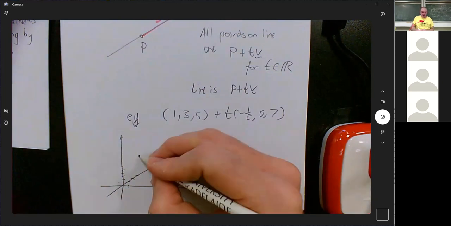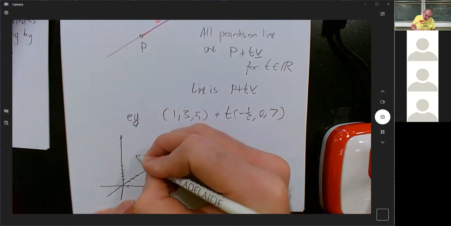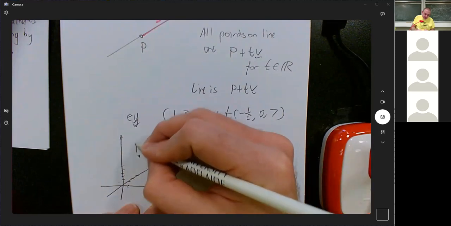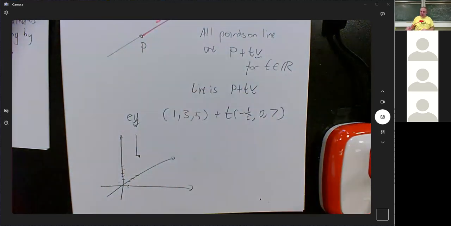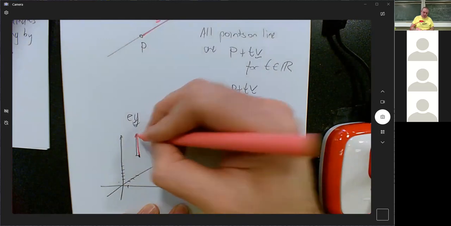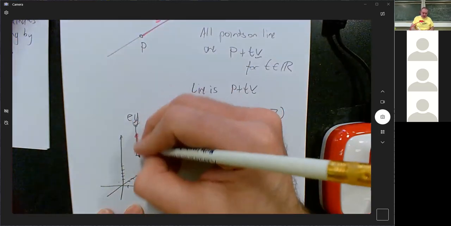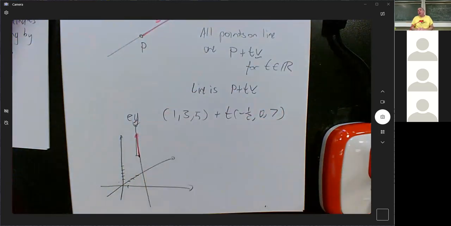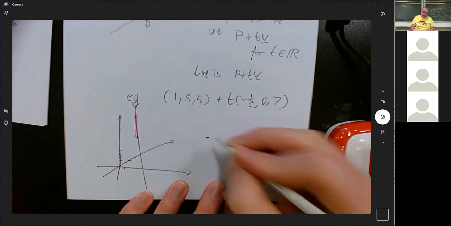And then it goes in the direction of -1/2 in the x direction, and none in the y direction, and 7 in the z direction. That's the journey there from that point, and then it is this line. You don't have to draw a picture like that, because you know that all lines are the same shape, they're just pointing different ways. And so it's totally okay to just draw a picture like this.